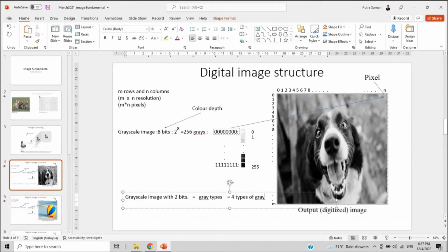That gray is 0, 0, which is number 0. Another one is 0, 1, which you call number 1. Another one is 1, 0, which you call number 2. We refer to it as number 2 easily, rather than saying it in binary, which is quite difficult. And 1, 1 is number 3. So you've got 4 types of color.